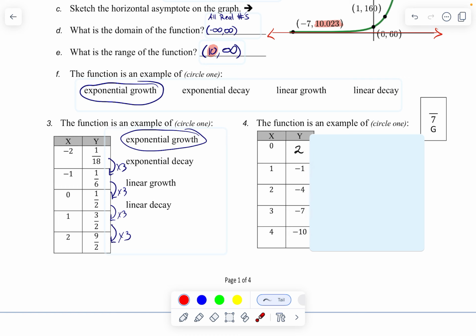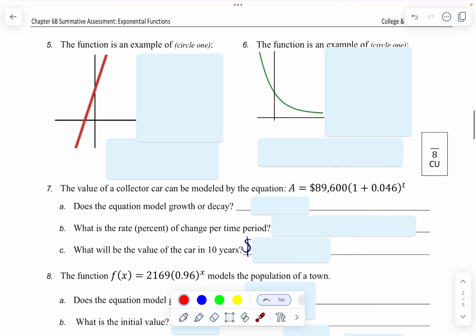And because y keeps getting lower and lower as I keep going further to the right, that's a negative slope, so that's linear decay.